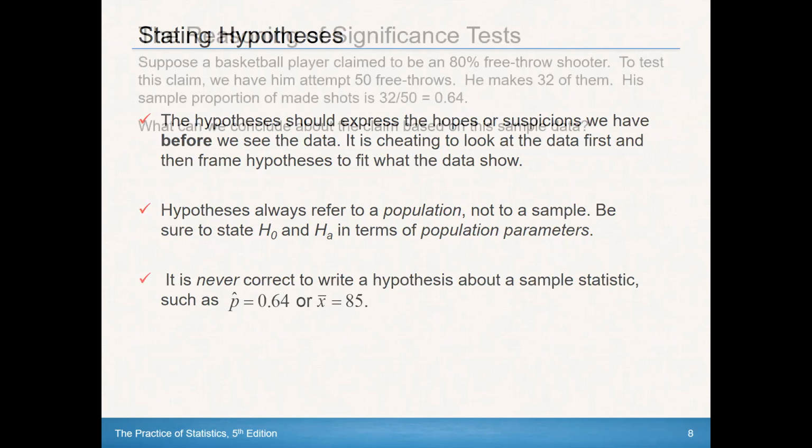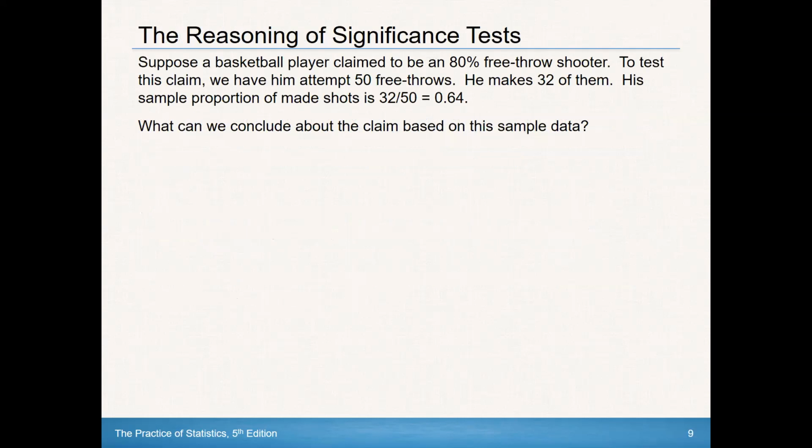Now, let's come back to some reasoning with significance tests, and let's return to our 80% free throw shooter. Let's do something similar to the simulation that you saw with that little applet. Let's have them attempt 50 free throws and notice that this player makes 32 of them. The sample proportion of made shots is 32 over 50 or 64%.